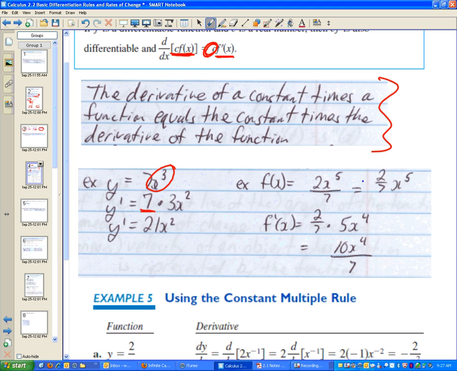The derivative of x cubed is 3x squared. Then multiply your 7 back in there. 7 times 3 is 21x squared. Why does the power rule work? Save that, because you have to see the proof of it. Okay?